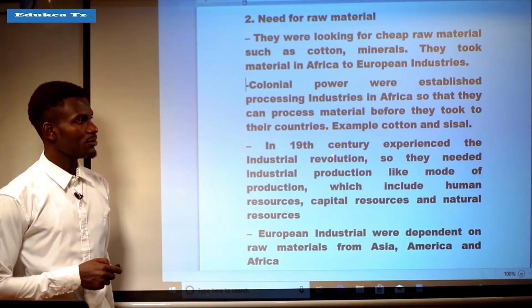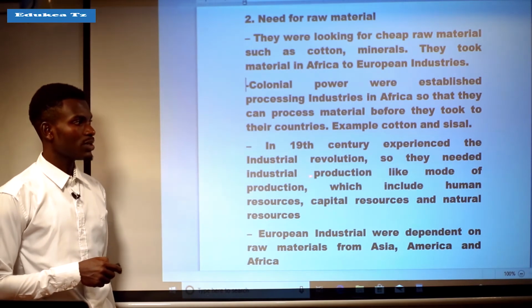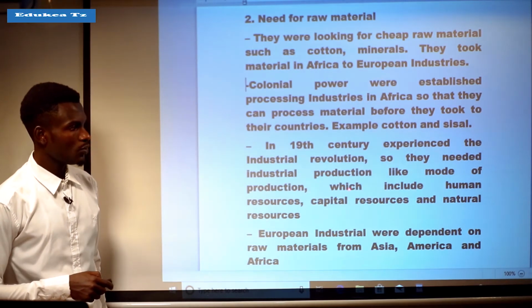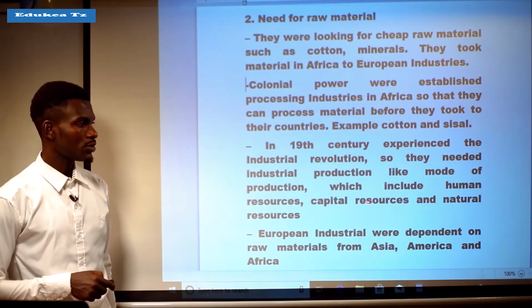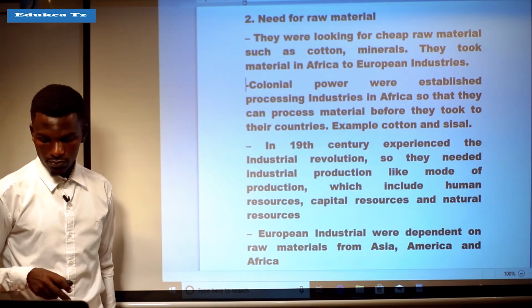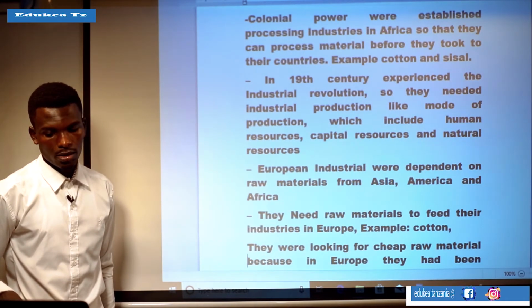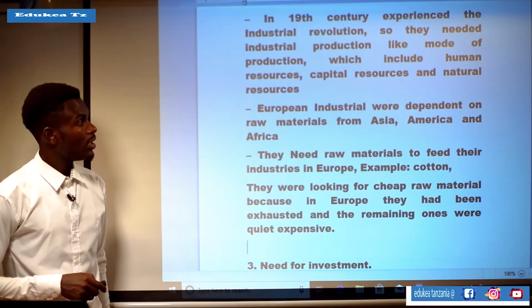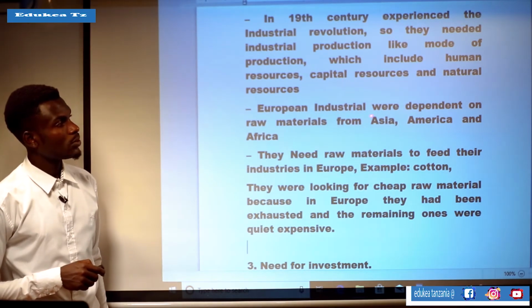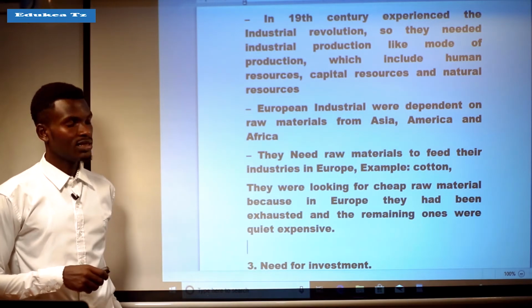In the 19th century, Europe was experiencing the Industrial Revolution, so they needed industrial production, which included human resources, capital resources, and natural resources. And thus, European industries were dependent on raw materials from Asia, America, and Africa.